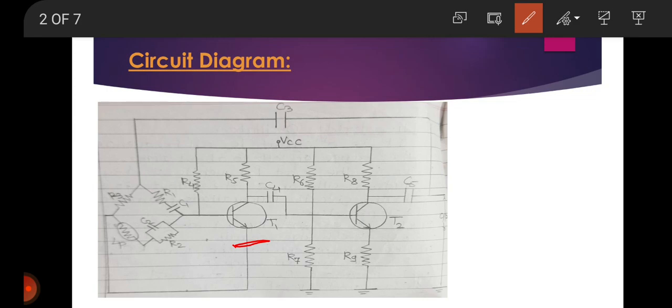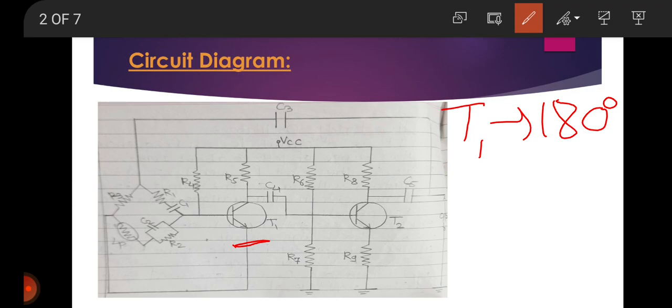So this transistor T1 produces a phase shift of 180 degrees due to inherent noise in the circuit, which will cause the change in base current.